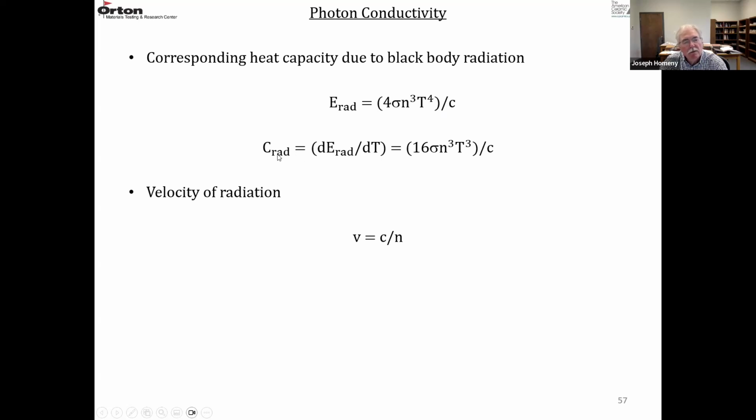So C radiation equals dE radiation/dT, and now this becomes 16 sigma N cubed T cubed over C. The velocity of the radiation V equals C over N. C is the speed of light, and N is the refractive index.